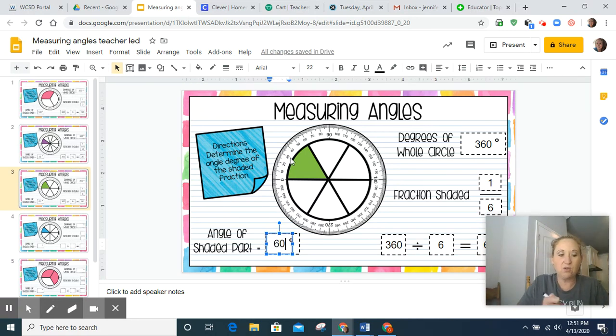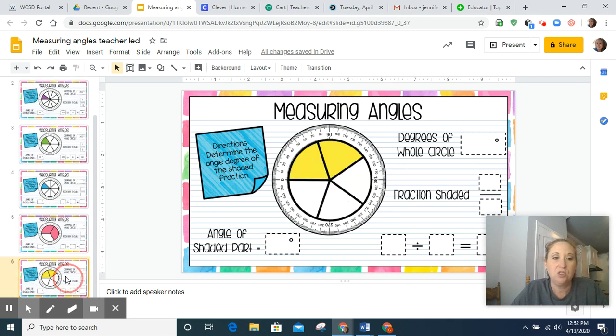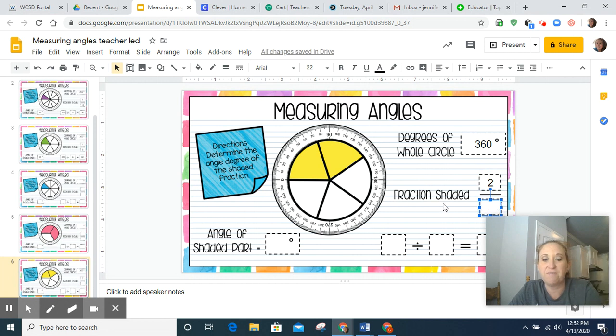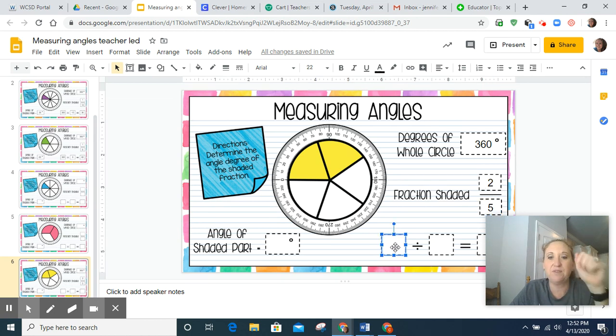Now, another one I want to look at is, because it's going to be taking it from 1/5 shaded in, or one part, and it's going to look at where you have more than one part shaded in. So let's look right here. For example, again, we're saying this is 360 degrees. Now, if you look here, we have 2 sections shaded in out of 5 total. But remember, before I can figure out what 2/5 is, I need to figure out what 1/5 is.